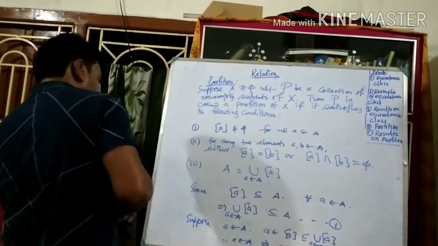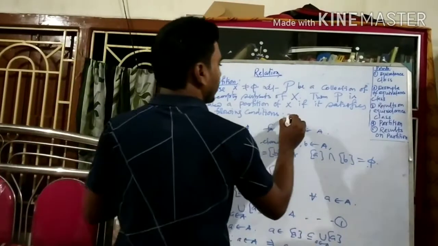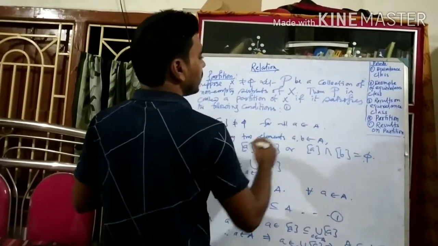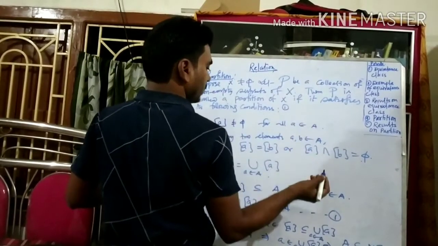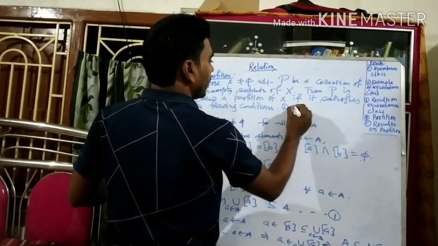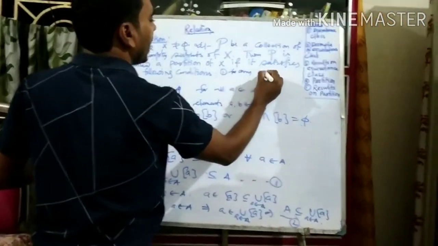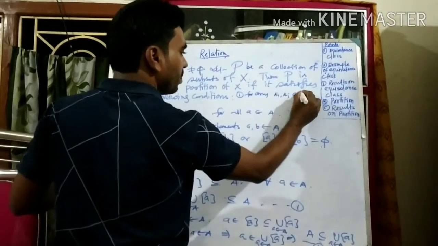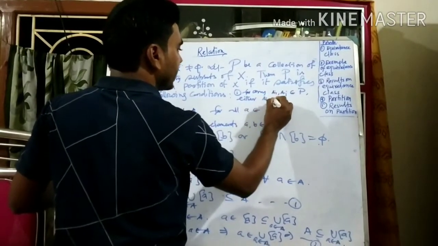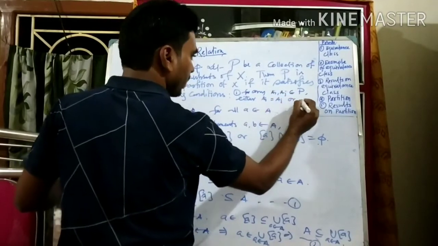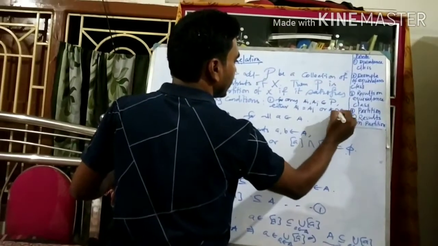Okay, I'm writing here. Number one is, for any Ai, Aj belongs to P, either Ai is equal to Aj or Ai intersection Aj is equal to phi.